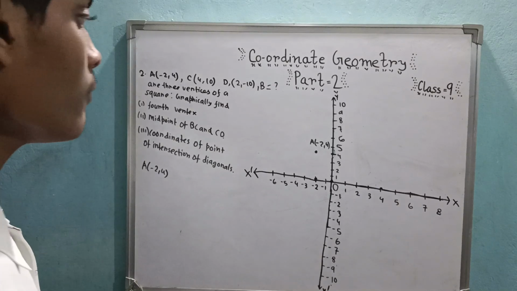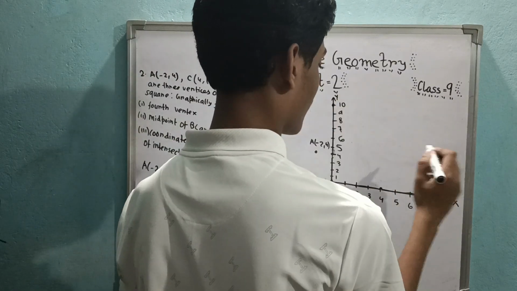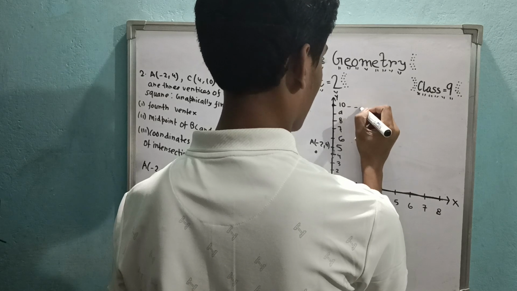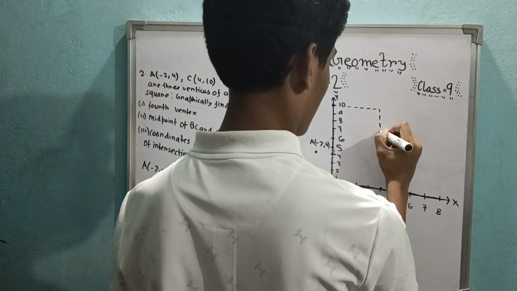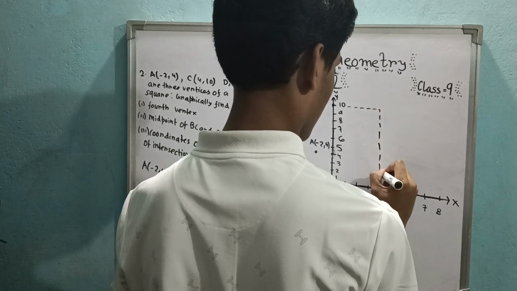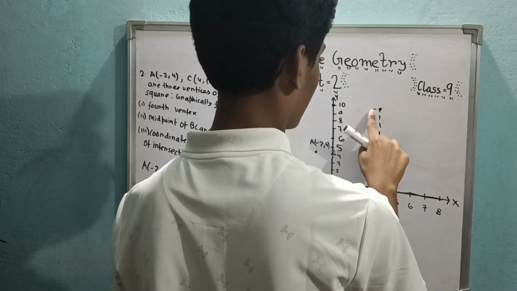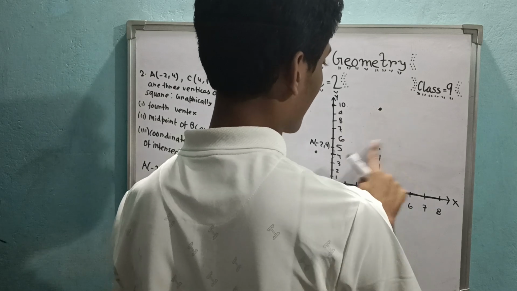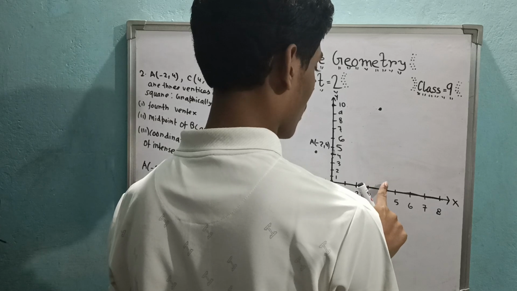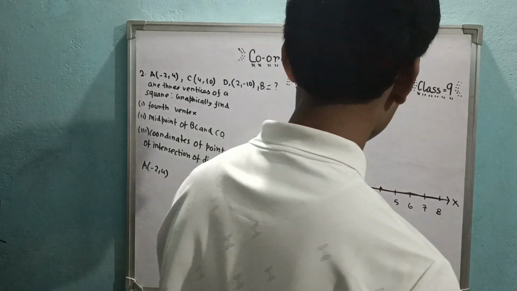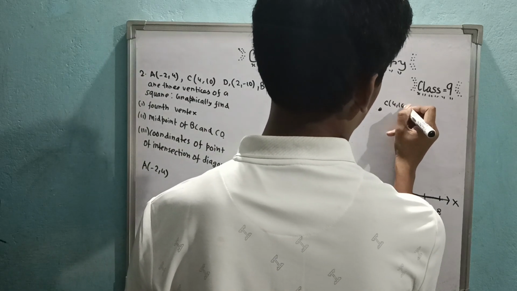So now C, 4 comma 10: 4 units on the x-axis, 10 units on the y-axis. Here, intersection. Finding intersection is quite hard, right? It takes a lot of time. You can't just see and write it. Some people can with vision power, but it can go wrong. This is C, 4 comma 10, without any problems.